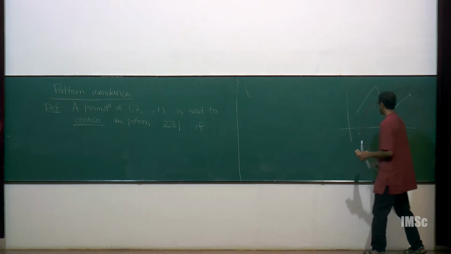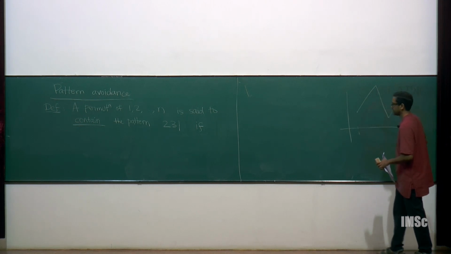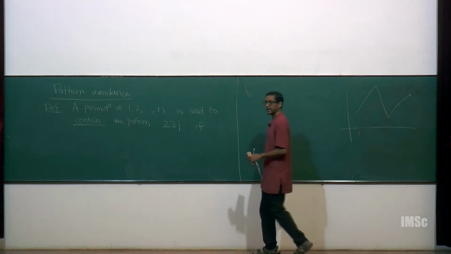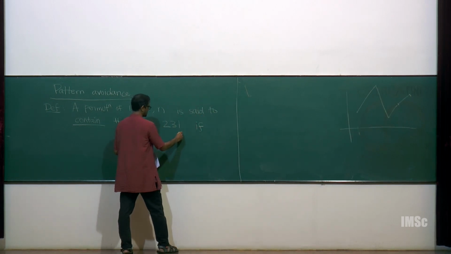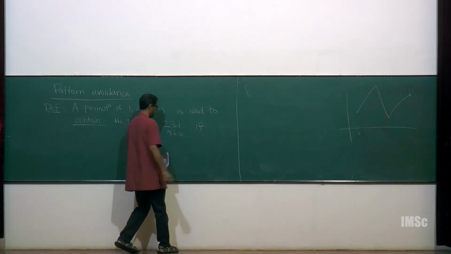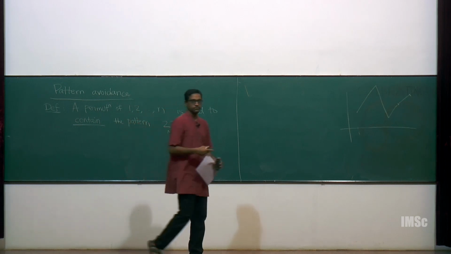So what does it mean for a permutation to contain 2, 3, 1? So here's a picture of the permutation. So 2, 3, and 1 I think of as three numbers. 1 is the smallest, 3 is the largest, and this fellow is medium. So I have three numbers: medium, large, and small.